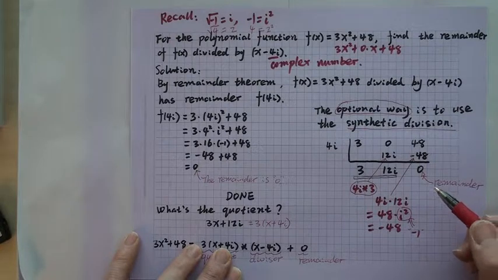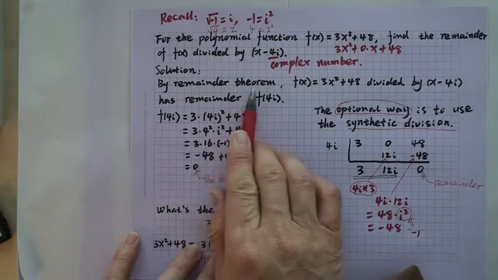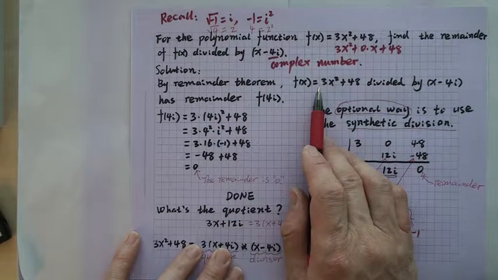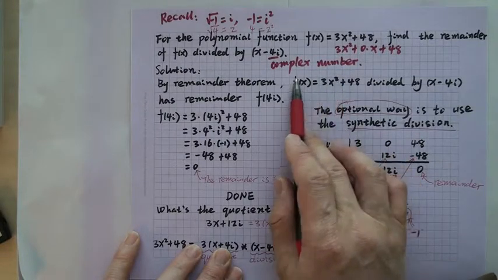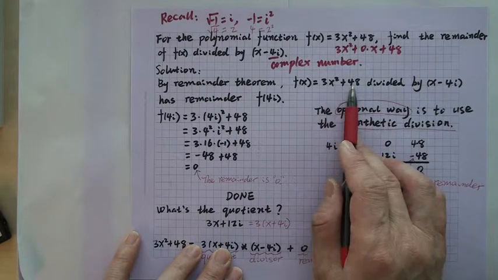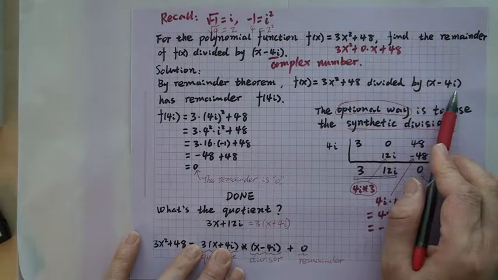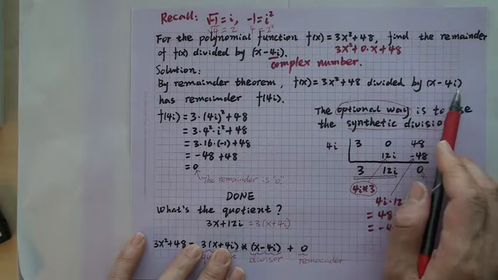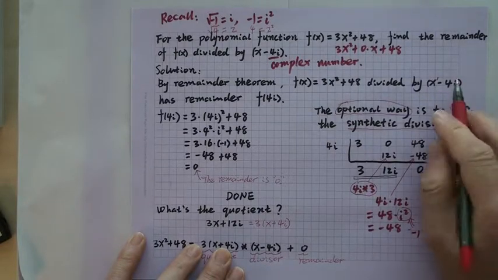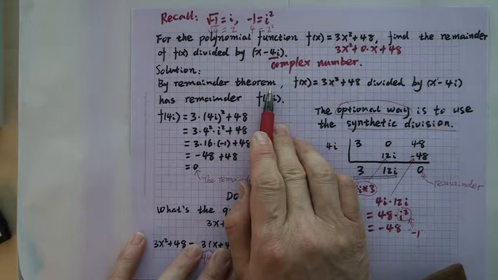And here we want to use the remainder theorem to find out the remainder if this polynomial 3x squared plus 48 is divided by x minus 4i. Remember, if the exponent here is 1, then we can use the remainder theorem.